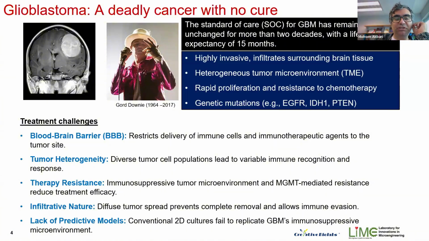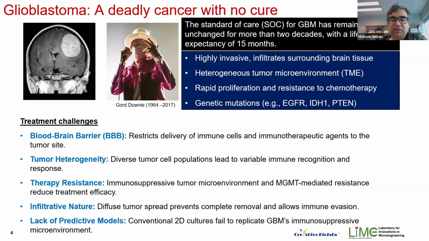In terms of treatment, the challenges are the blood-brain barrier, of course, which restricts the delivery of therapeutics, in the context of immunotherapy, immune cells or antibodies, for example, to the tumor site. The issue of tumor heterogeneity is that we need to deal with diverse tumor cell populations that can lead to different immune recognition and response.